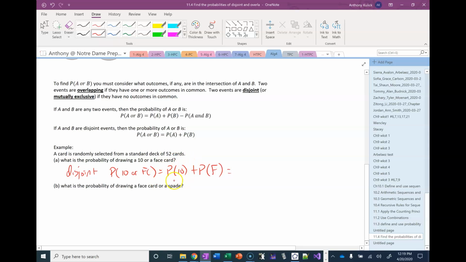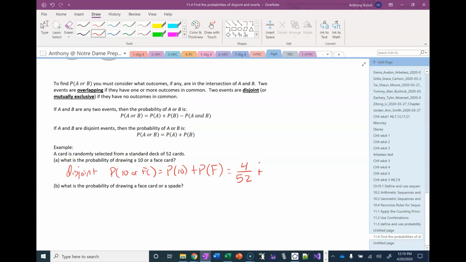So the probability of getting a 10, there's 4 10s in our deck of cards because there's a 10 in each one of the 4 suits. There's a 10 of hearts, a 10 of spades, a 10 of diamonds, and a 10 of clubs. And there's 52 total cards in a standard deck. And then face cards. Well, there's 3 face cards in each suit. There's a jack, queen, king in each of the 4 suits.